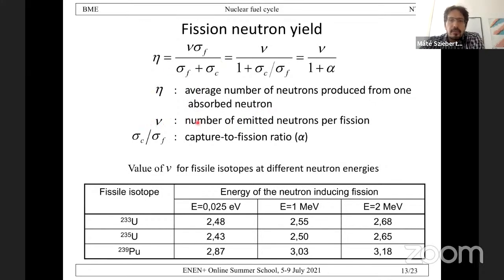This you can calculate from the number of emitted neutrons per fission and from the capture to fission ratio, so from the fission and the capture cross sections. You should note that the number of emitted neutrons varies with the energy of the neutron inducing fission, in the same way as the cross sections.